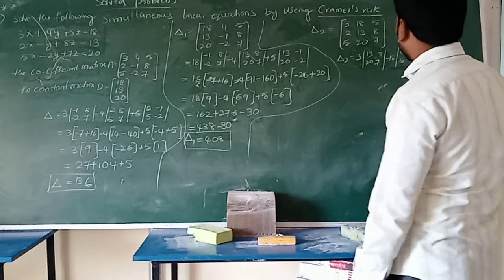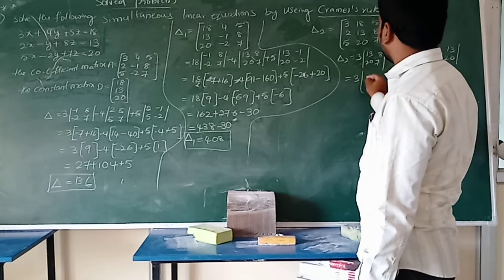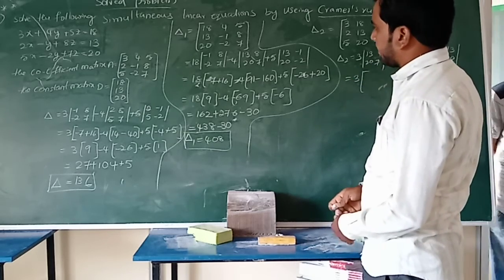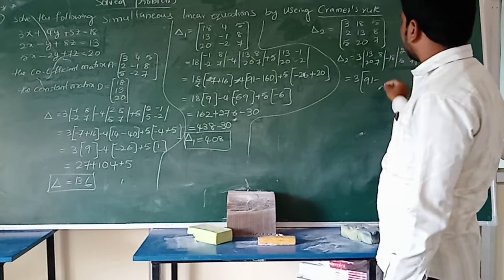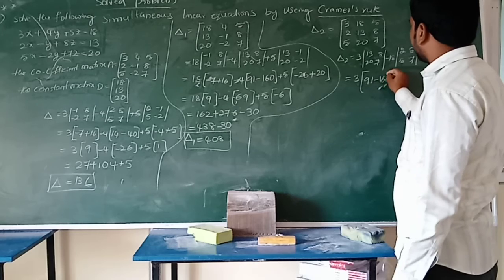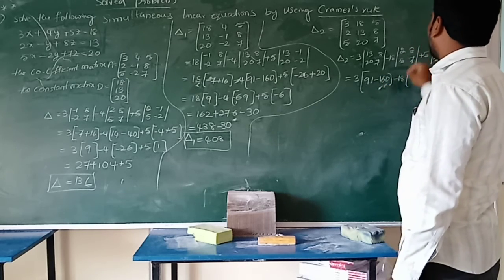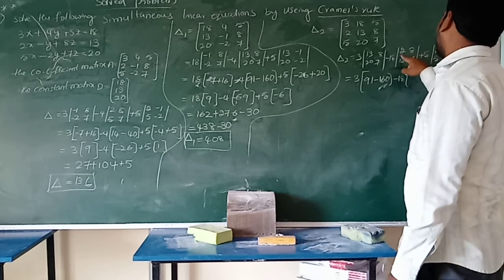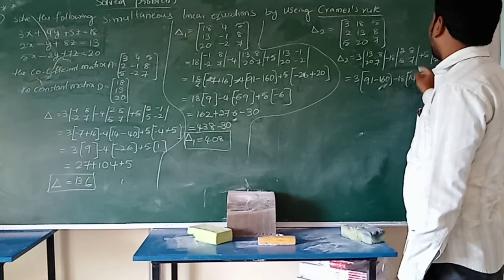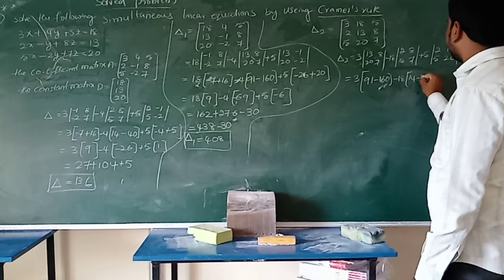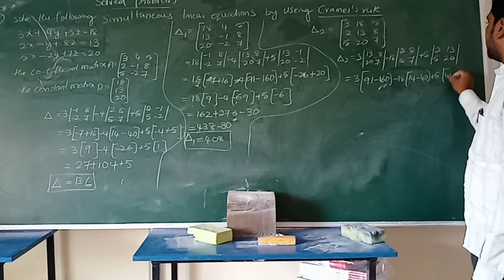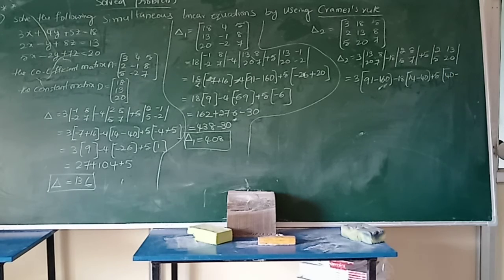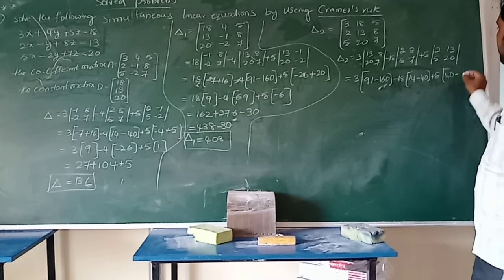That is 3 into these 13 7s are 91 minus 8 2s are 160, minus 18 into 2 7s are 14 minus 5 8s are 40, plus 5 into 2 20s are 40 minus 13 5s are 65.